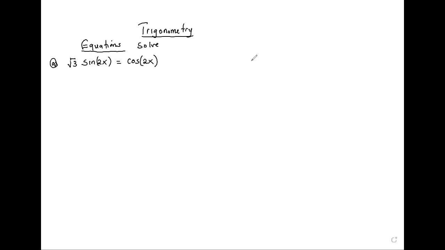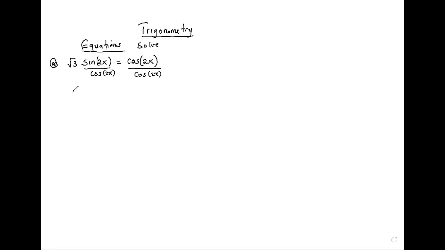So we'll divide by cos 2x. We'll divide by cos 2x. Okay, so this side it has cancelled. We have 1, 1.